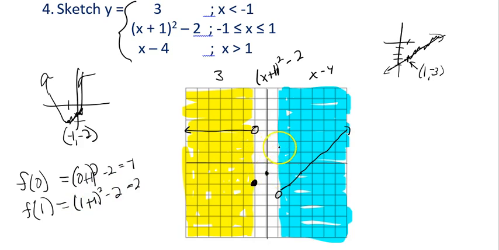So at 1, I'm at 2, and this has a closed circle on it as well because of the way that's going. And you can see that part of the parabola taking shape, and you just kind of curve it out. Sometimes these graphs connect, other times they don't. This one doesn't connect at all. It has a jump here and a jump here. So don't be surprised if they do connect. Don't be surprised if they don't connect.